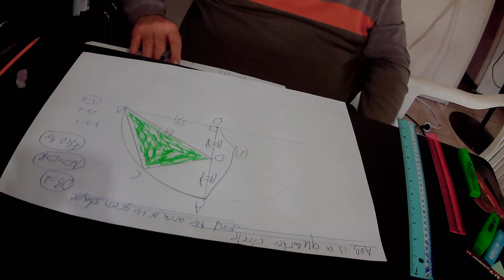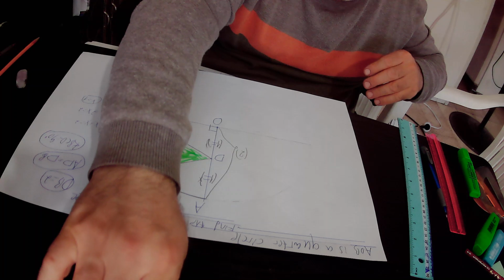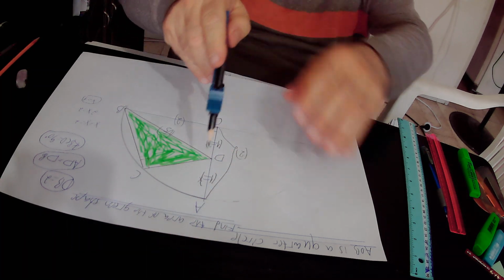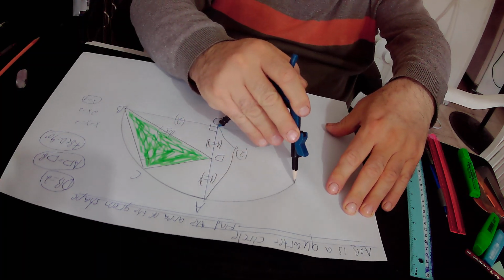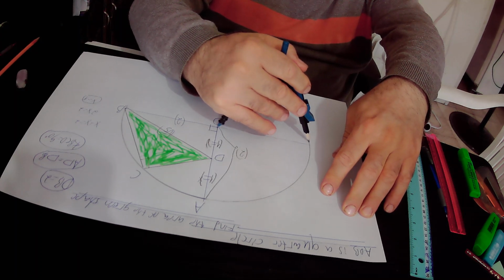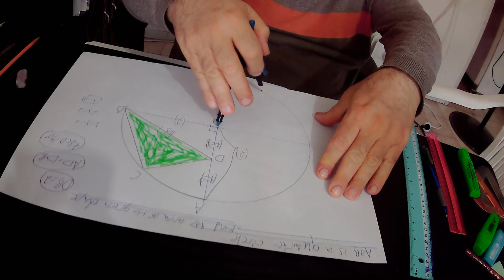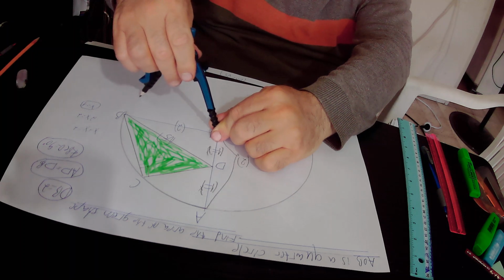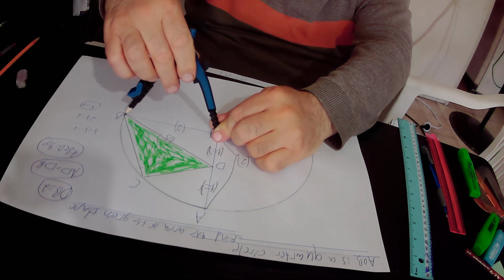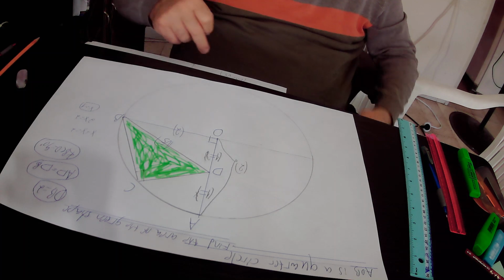In the next step, we will do a construction. That is to say, we will complete this quarter circle to a circle. So I actually completed the quarter circle to a circle.